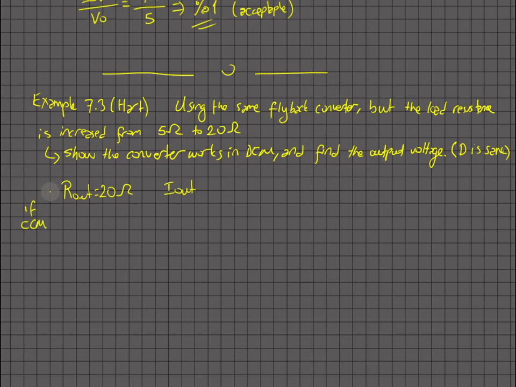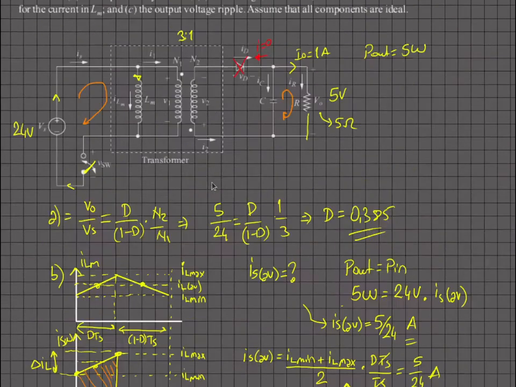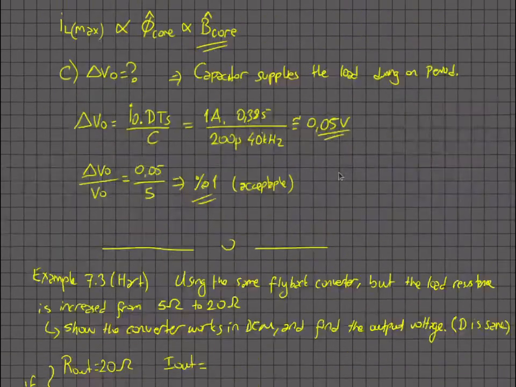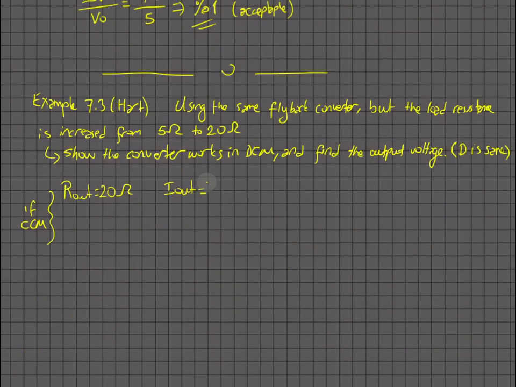So I out, the output voltage will be the same, but the output current will be 5 divided by 20, which is 0.25 amps.